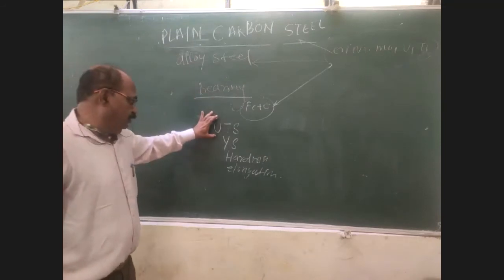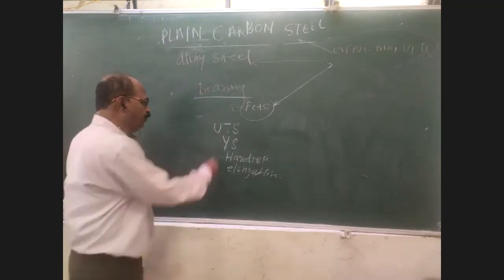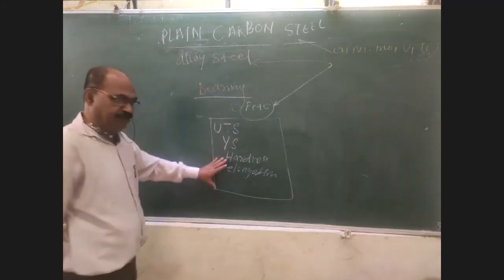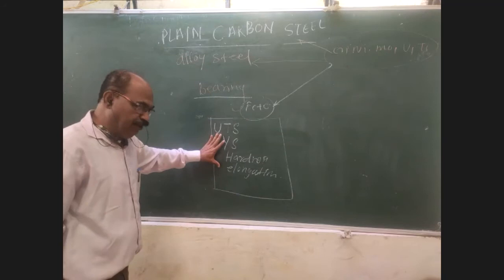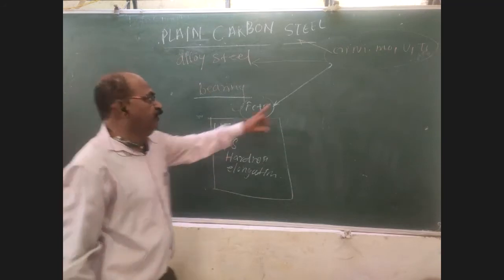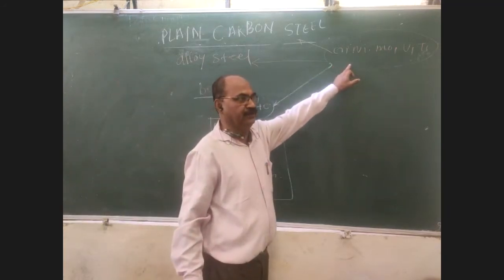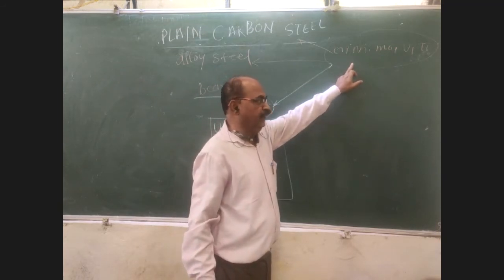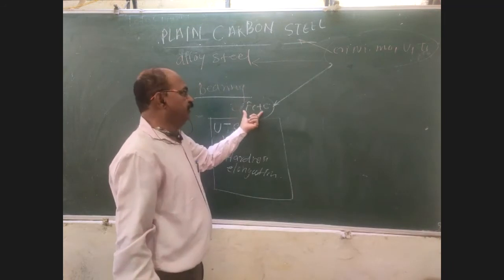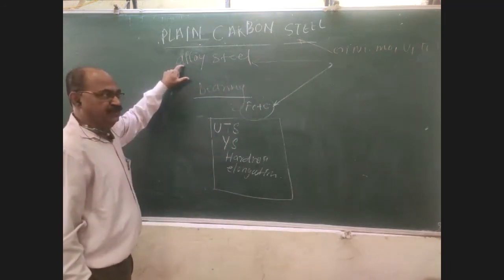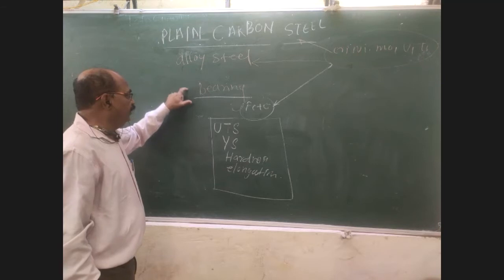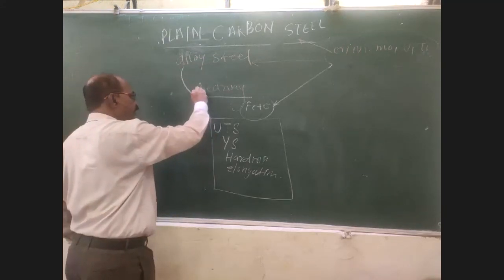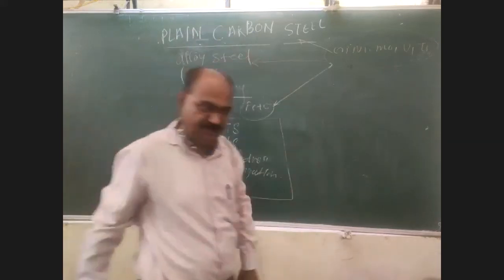These are the mechanical properties. There are more, but here I have written four only. In order to improve these mechanical properties, there is a need for alloying. Once we add alloying elements, it becomes alloy steel. Now we make the bearing from alloy steel, but not from plain carbon steel.